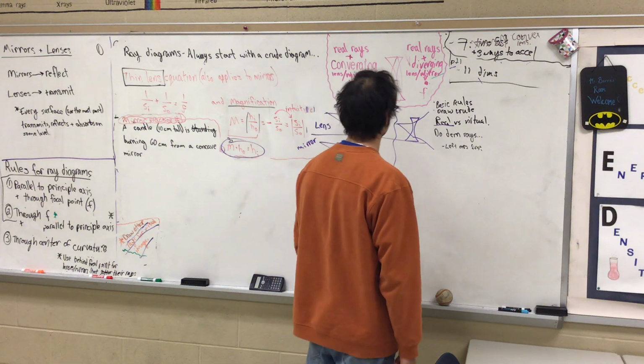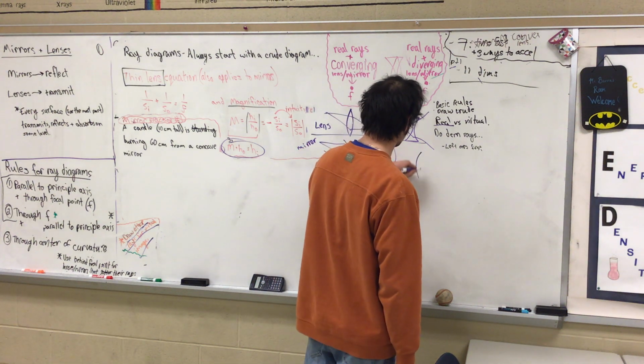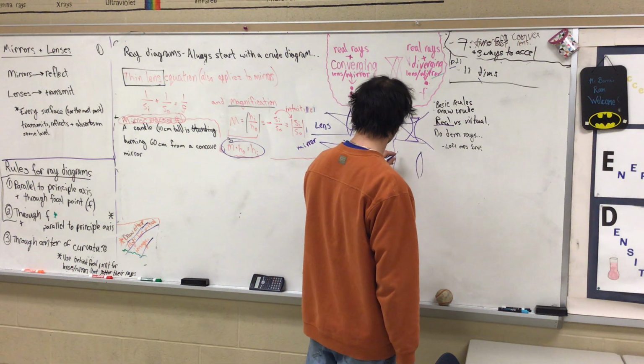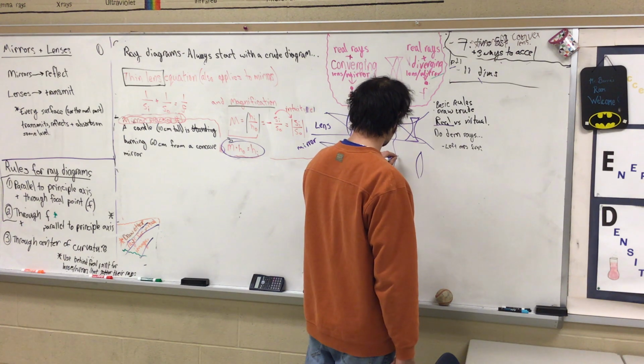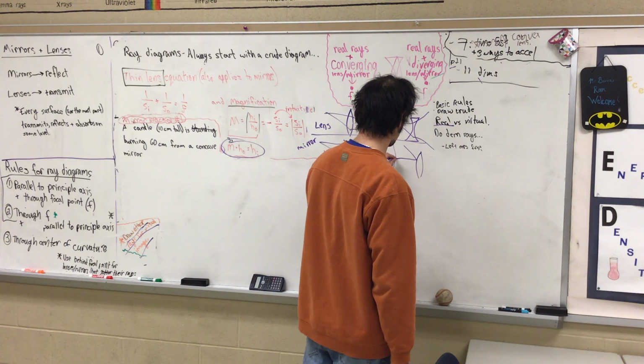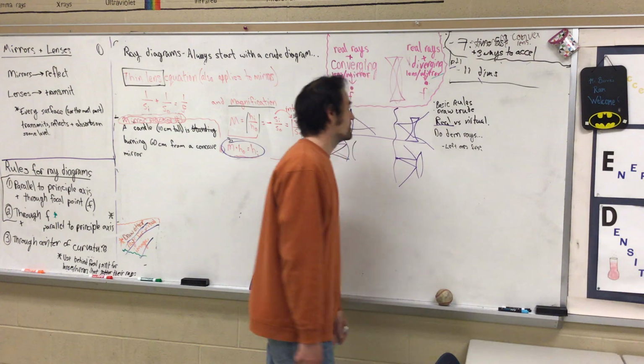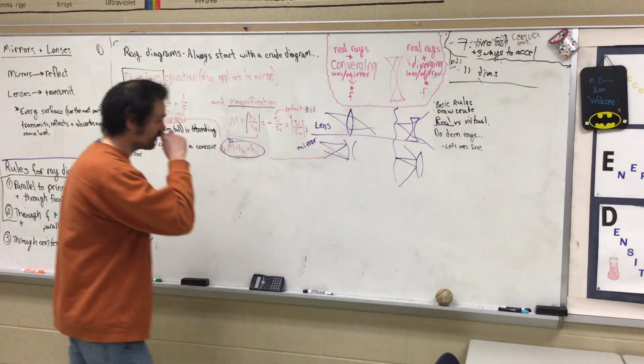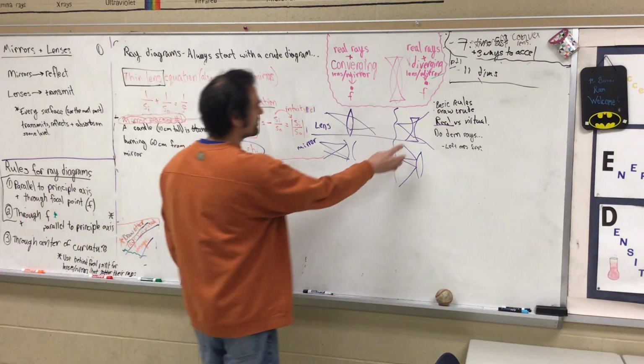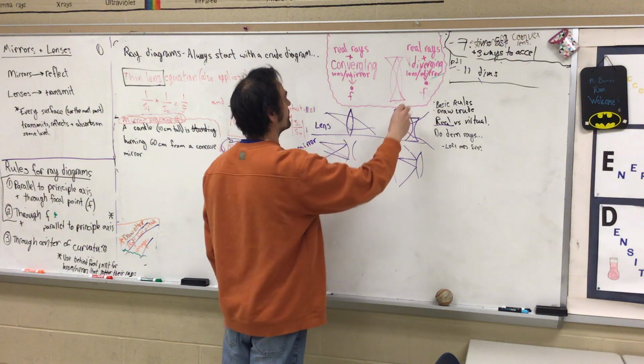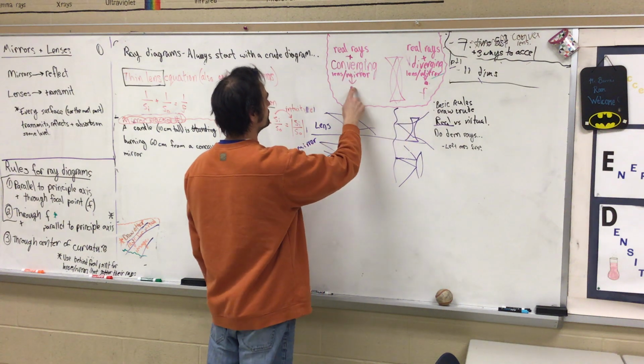And if you have a convex mirror, your rays are going to basically scatter. And that's what I was talking about before with scattering. Scattering, you use the behind focal point. Converging, you use the leftward focal point.